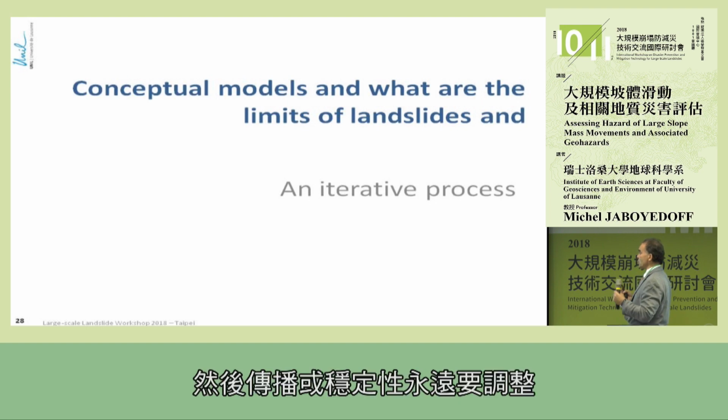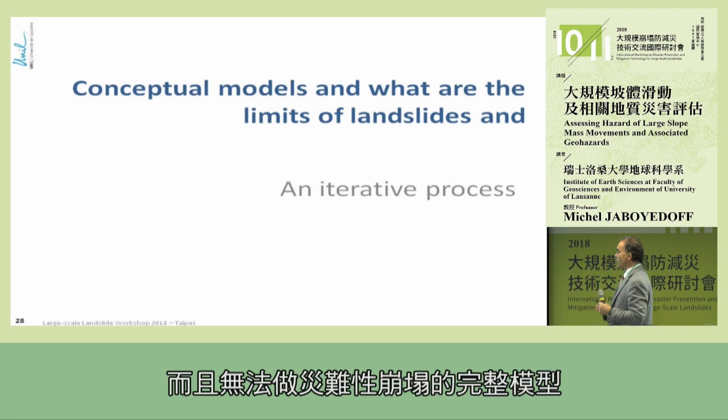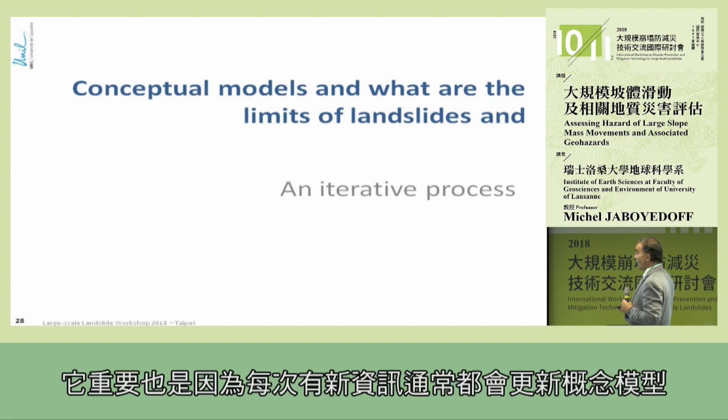Then for propagation or for stability, you always need to tune, and you cannot model completely a catastrophic landslide. It's also important because the conceptual model is normally updated every time you have new information.